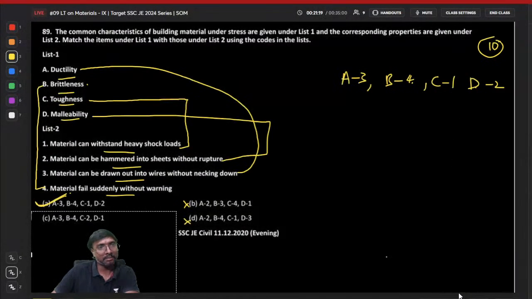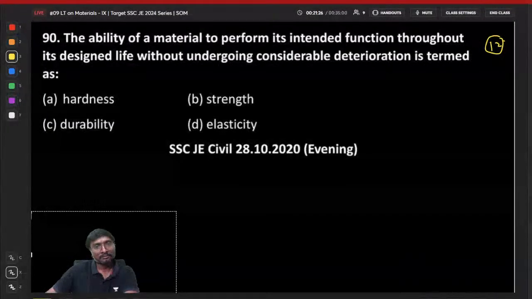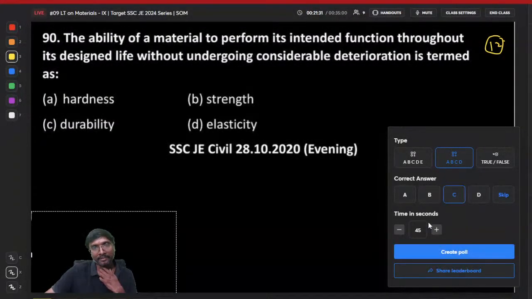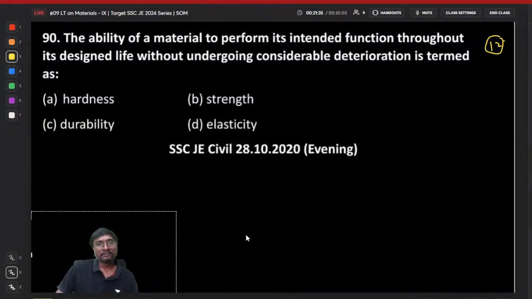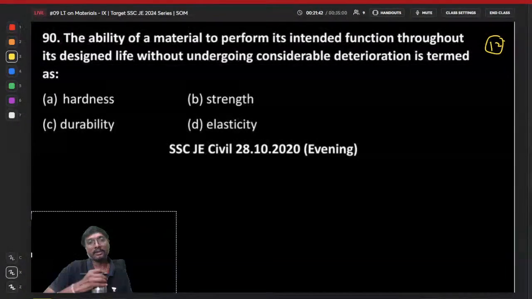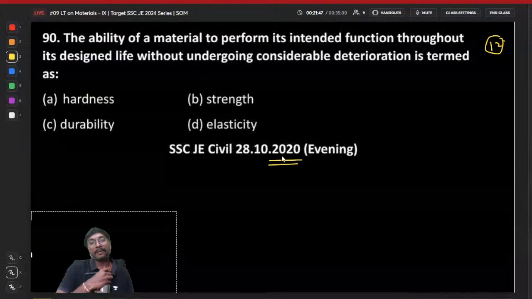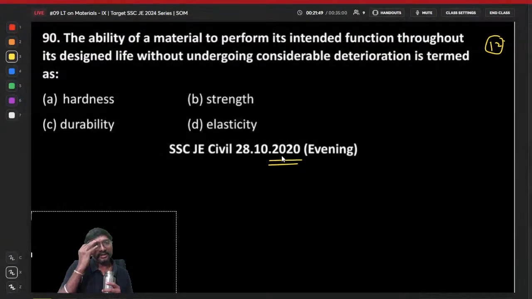Yeah, the same came. Question number 90 only. Okay. Alright. Select the answer, all of you. This is 2020 question, you can say. I think up to 2018 we have discussed, and 2019 onwards we are doing now.